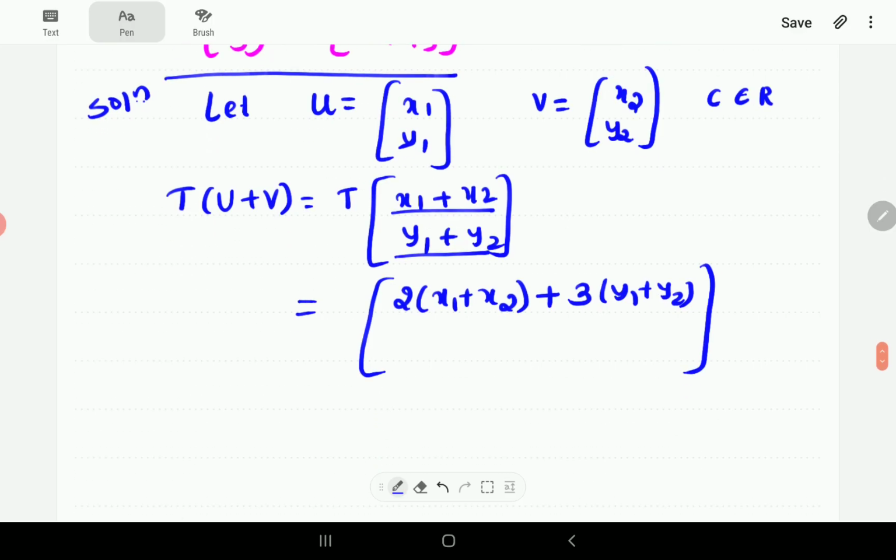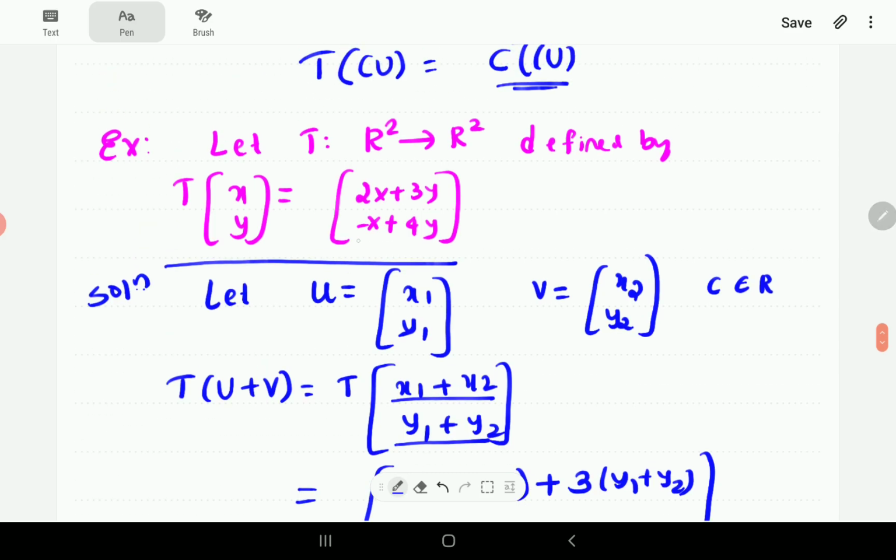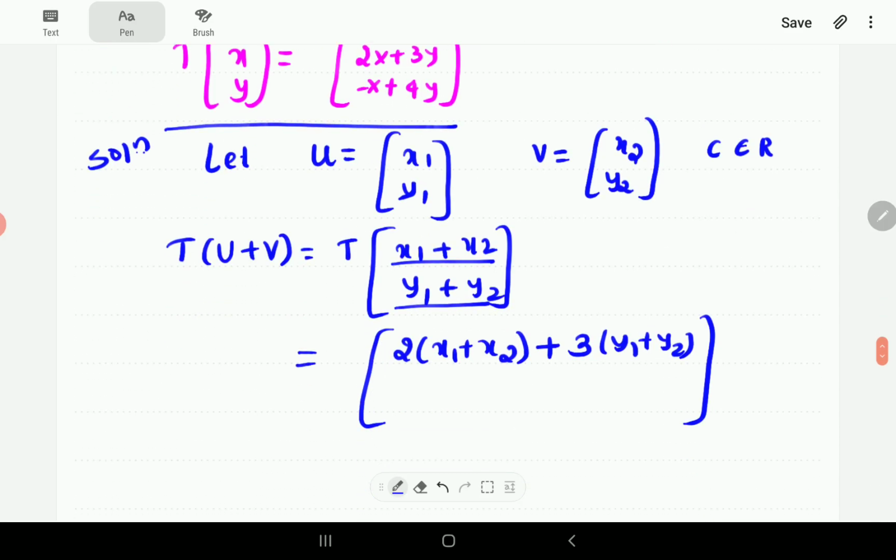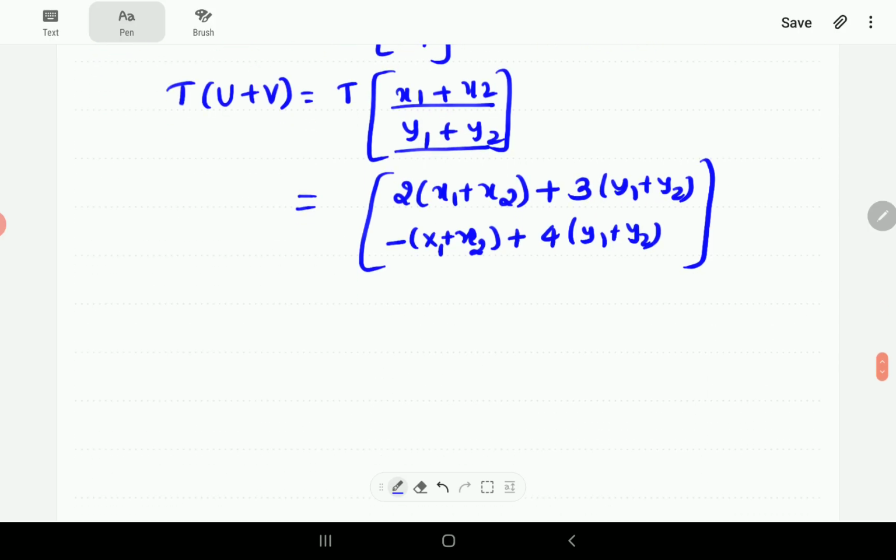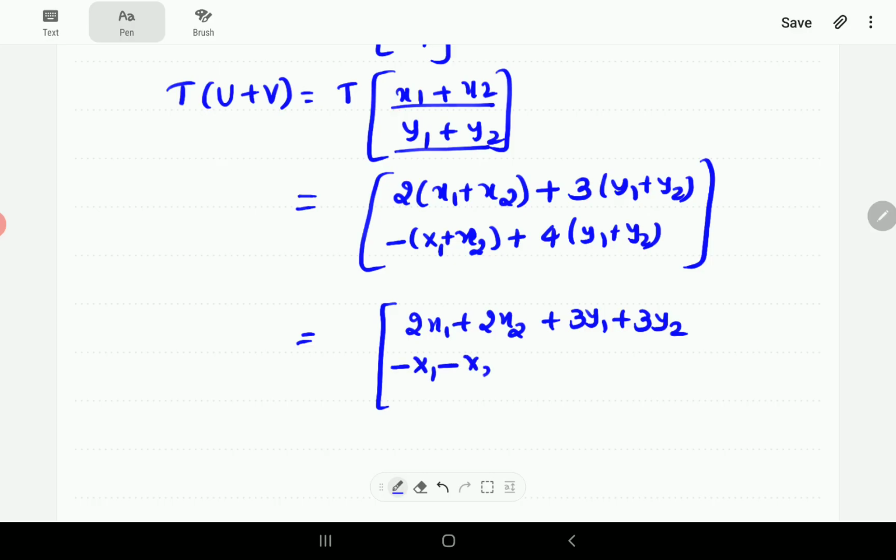Similarly for the second row, we have defined it as minus x plus 4y, so minus (x1 plus x2) plus 4 times (y1 plus y2). Now let us simplify this. We can write this as 2x1 plus 2x2 plus 3y1 plus 3y2, and minus x1 minus x2 plus 4y1 plus 4y2.